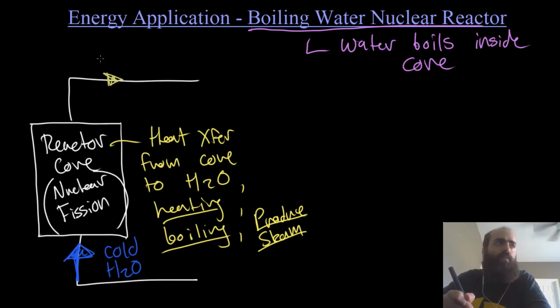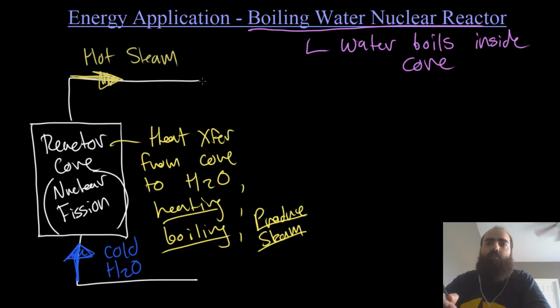Whenever we talk about steam, that's just water vapor. Very hot water vapor, water in its gaseous phase, is coming out of the top of the reactor core. And what you do next is you get the electricity from your power plant.